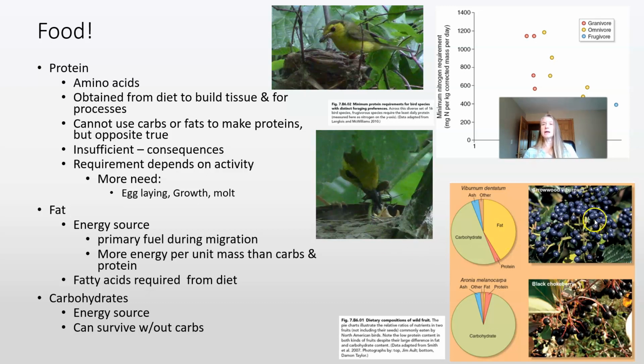However, with higher fat berries, these fruits are going to have to stay in the digestive tract longer so that the birds can actually make use of the fat stored in there. So they have slower digestive systems. If they were eating a lot of these high-carb berries, they wouldn't do very well on them because they would pass them through and not be able to get enough energy out of them.